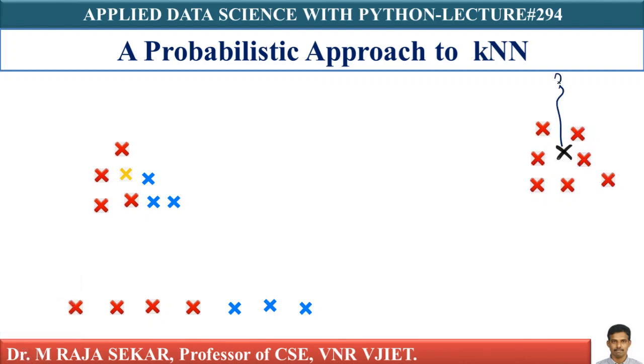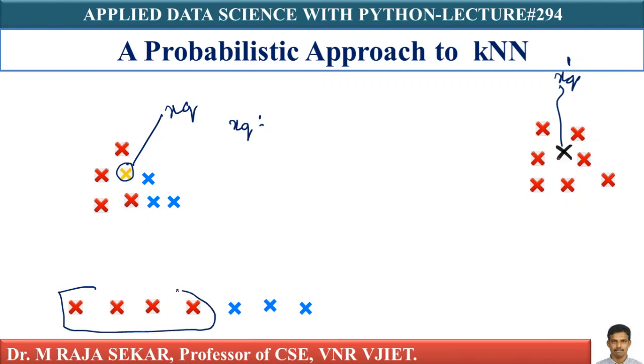Let me assume this is my xq. If I have another query point xq dash, let me say this is xq dash. Let me assume, for the case of xq, what happens?